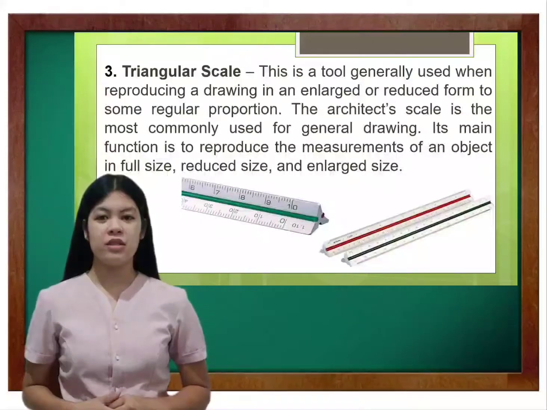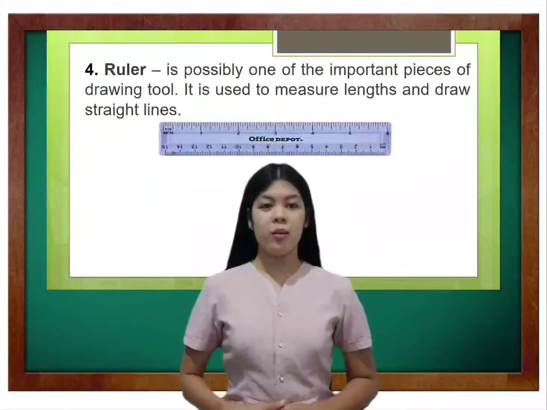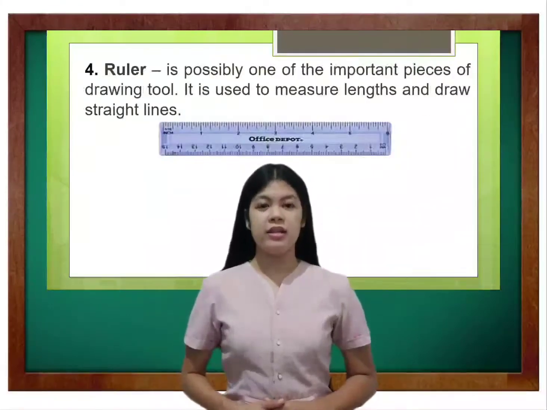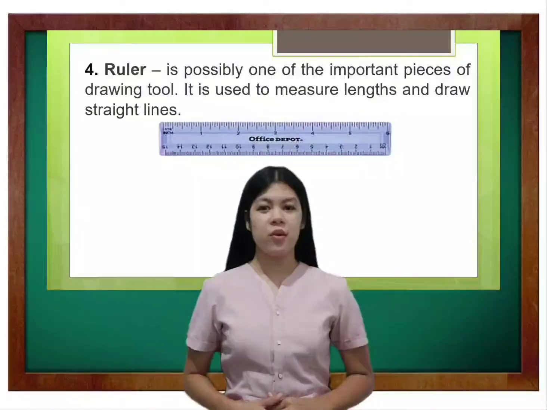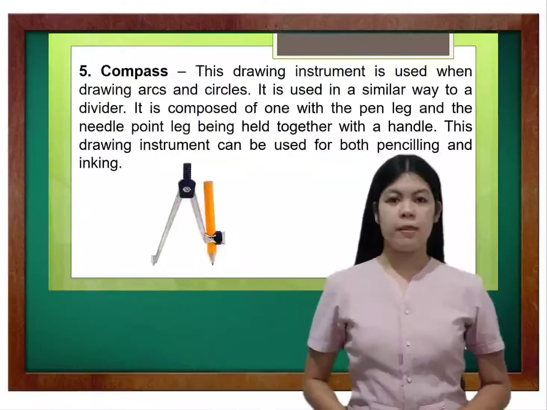Its main function is to reproduce the measurements of an object in full size, reduced size, and enlarged size. Another one is the ruler. It is possibly one of the important pieces of drawing tool. It is used to measure lengths and draw straight lines.